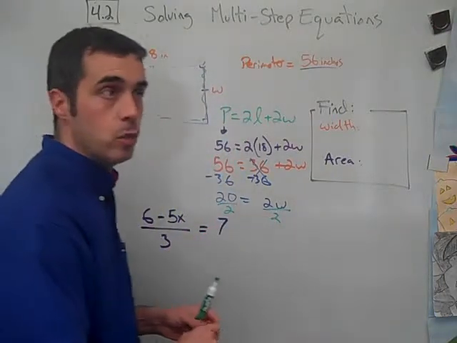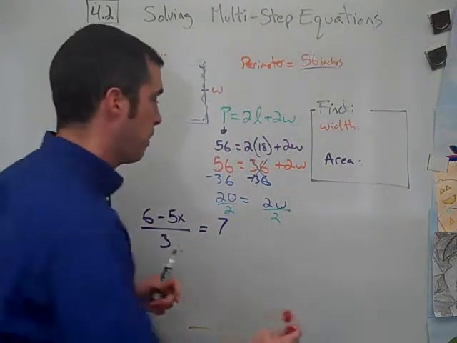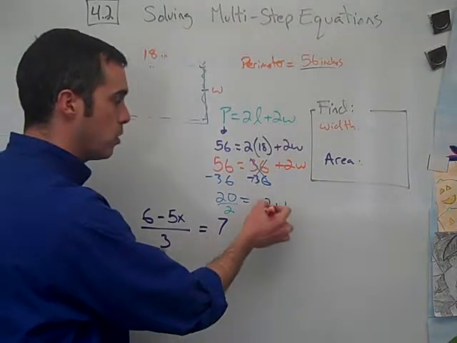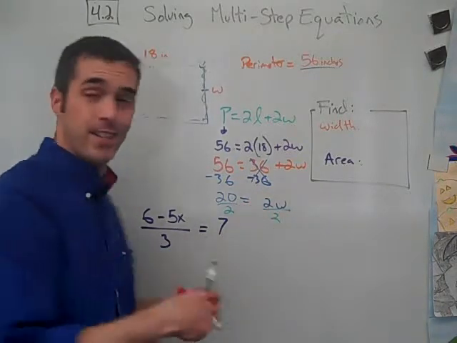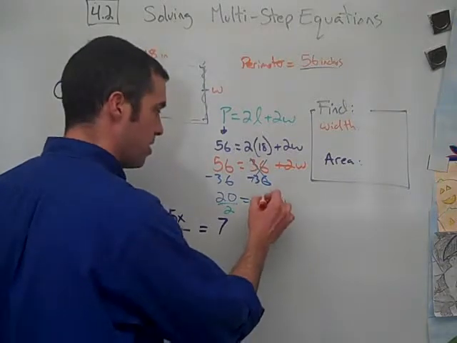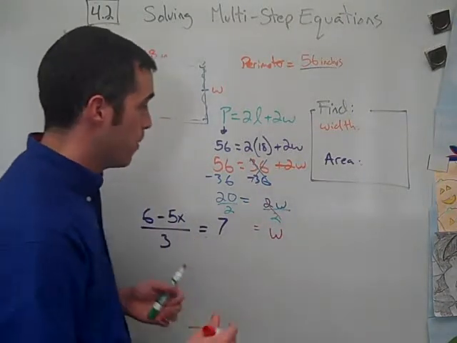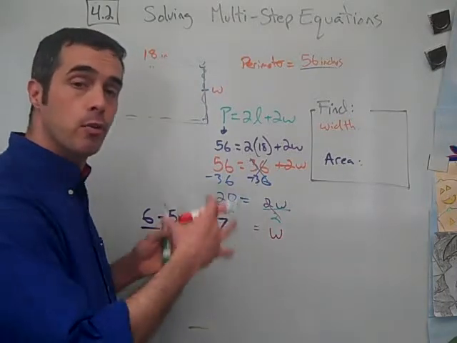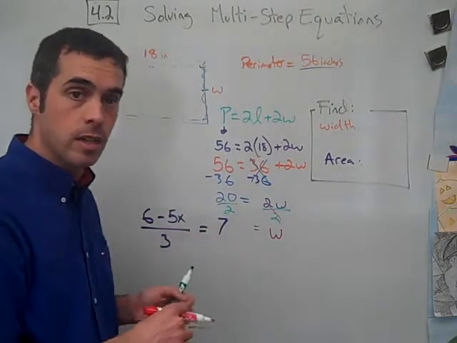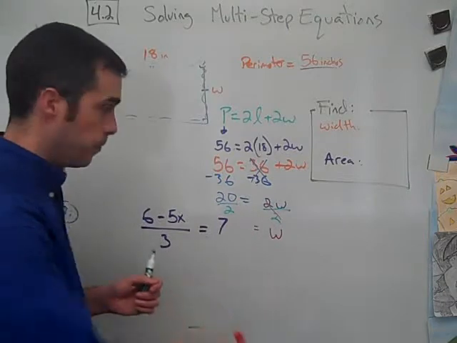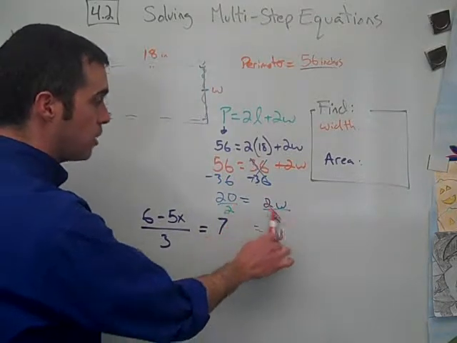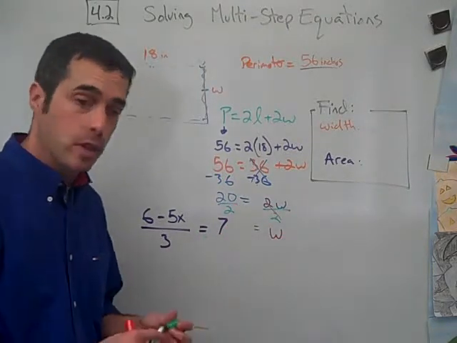2 divided by 2 is actually the multiplicative inverse property. 2 divided by 2 is 1, and 1 times w, thanks to the multiplicative identity property, is just w. That's a lot to say, but it's important to realize that all the properties of equality that we studied recently are helping us here. Dividing both sides by 2 is using the division property of equality.